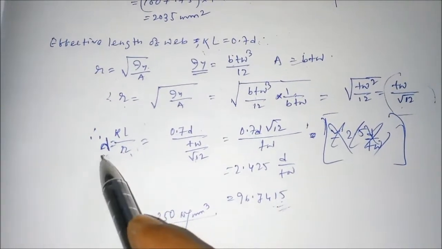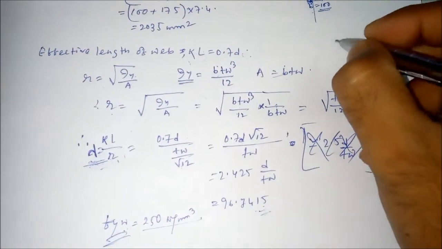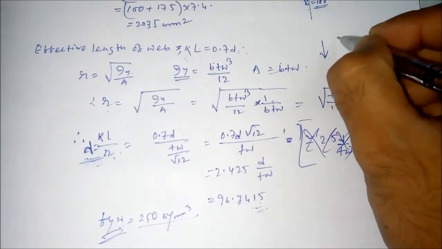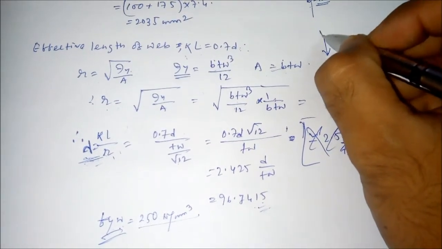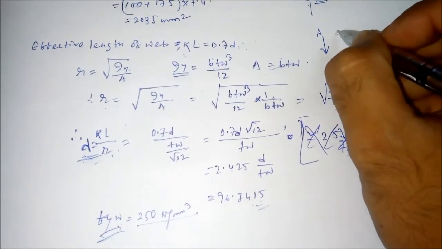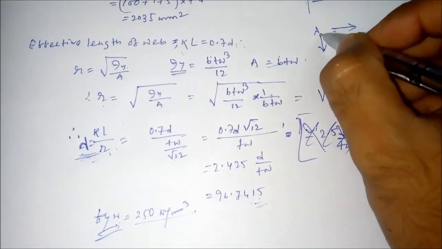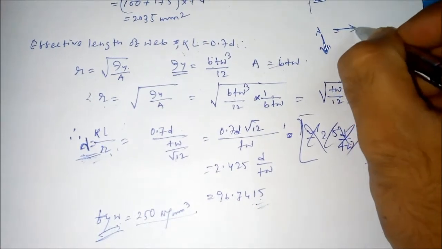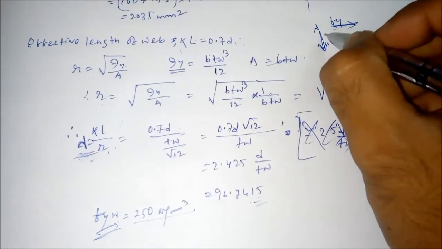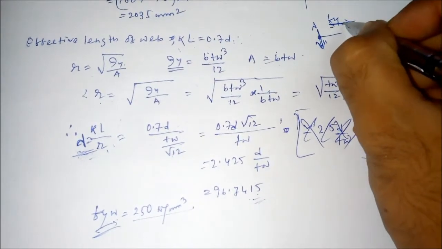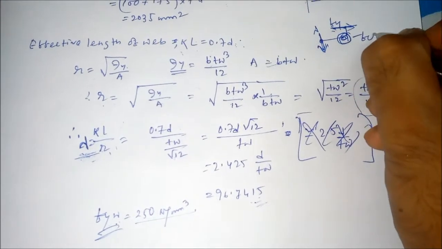So lambda, slenderness ratio, is known, Fy is known. So from this table 9C on page number 42 in your IS code, lambda is denoted in this direction, various lambda values are given in this manner, and various fy values are given in this manner, and with respect to one certain lambda and one certain fy, you will get one certain fcd value, right?